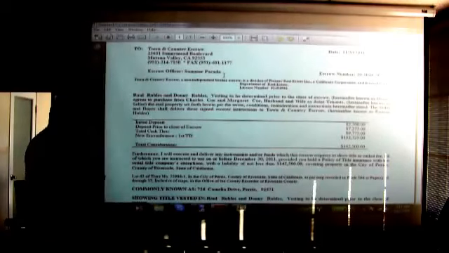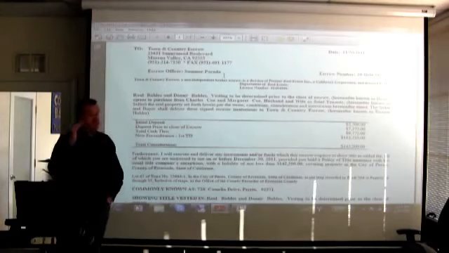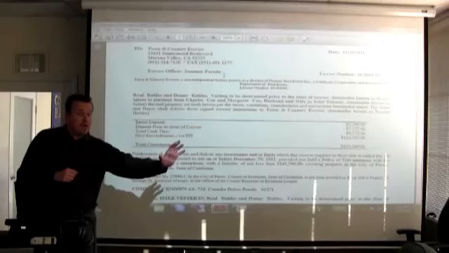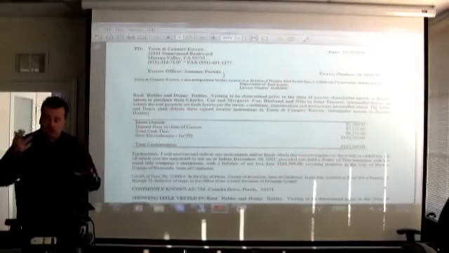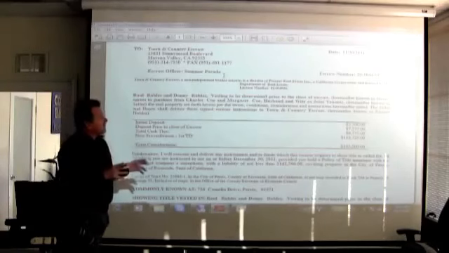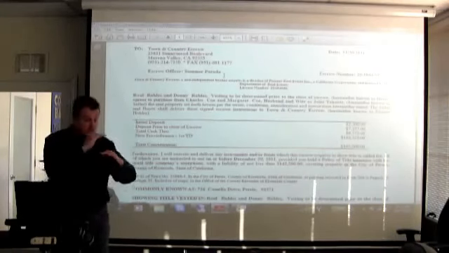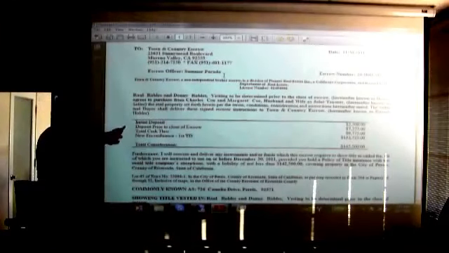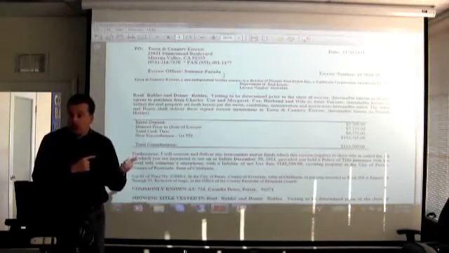Now, be careful with the language. Previously, when we were talking in the purchase contract, I made a distinction between earnest money deposit and down payment. Okay, I made a very succinct differential between earnest money deposit and the balance of the down payment. In this set of escrow instructions, it doesn't really make a distinction between the two.